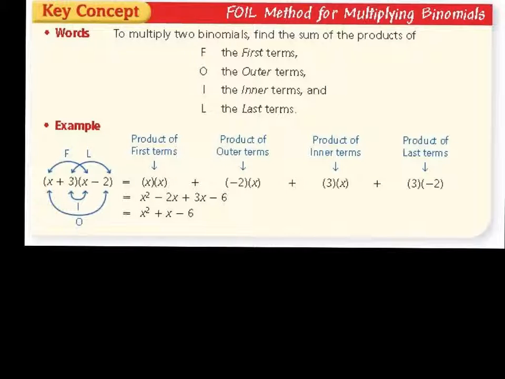So first they multiplied first, so x times x, and then inner, 3 times x, and then outer, and then last. And of course it doesn't matter the order that we multiply in. As long as we get all of our products made, we're going to get the same answer. So the exact order of FOIL isn't essential.